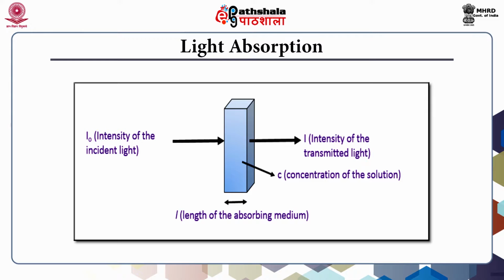The decrease in the intensity of transmitted light is mainly because of the absorption of light by the analyte present in the solution. There is also some loss of light intensity from scattering by particles present in the solution or by reflection at the interfaces.